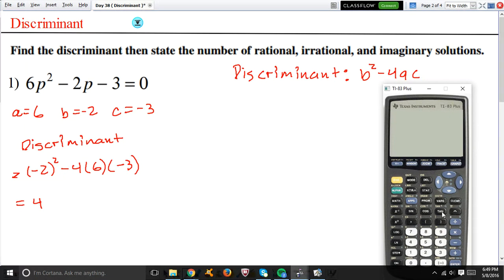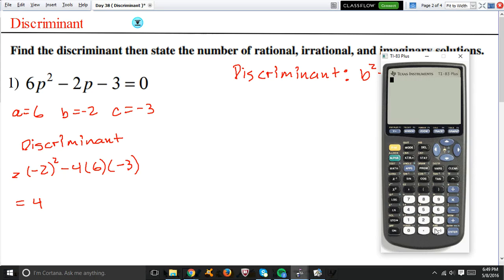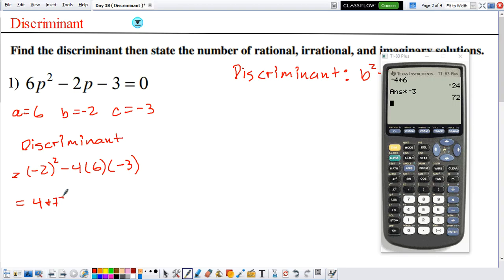Now let's figure out negative 4 times 6 times negative 3. That is equal to positive 72. So our discriminant is just 76.